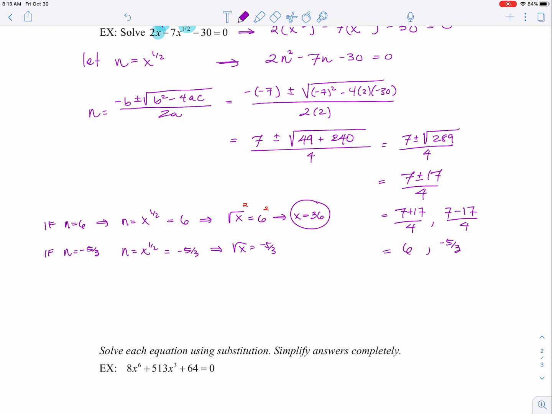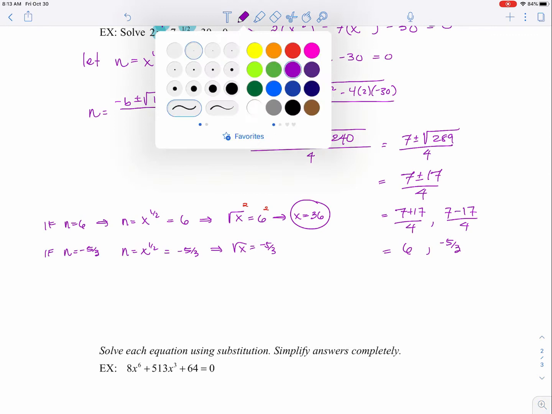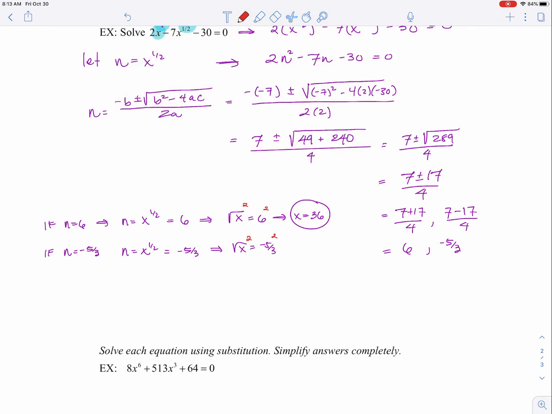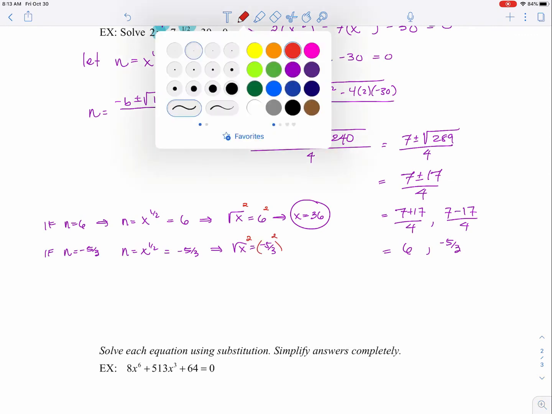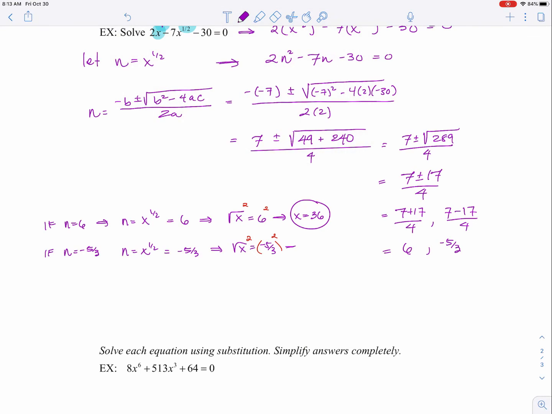But if we square both sides, it suggests that x is 25 over 4. Now, what we should be doing is checking our answers, especially when we're squaring the results. So let's double check.